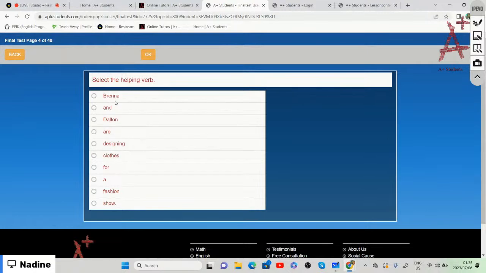So we can first select the main verb, and then you can choose the helping verb. And remember, we said the helping verb comes before the main verb. So Brenna and Dalton are designing clothes for a fashion show.